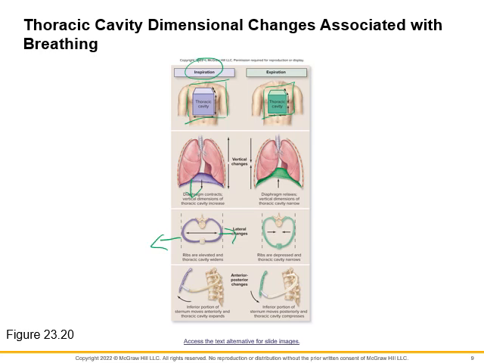And we also see moving from front to back, so the anterior posterior changes. So you're going to see that the sternum moves out during inspiration and it moves back during expiration. So the entire volume of your cavity is shifting.